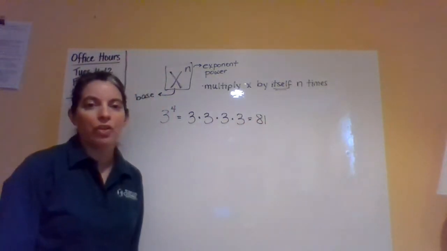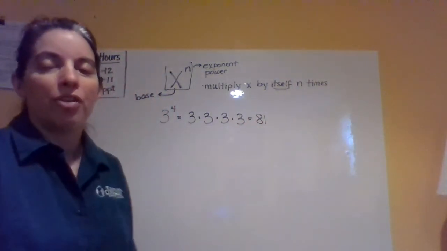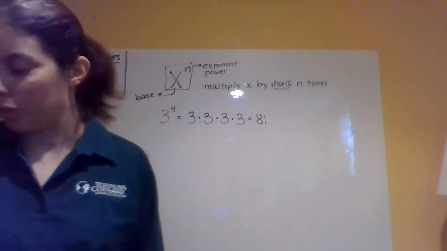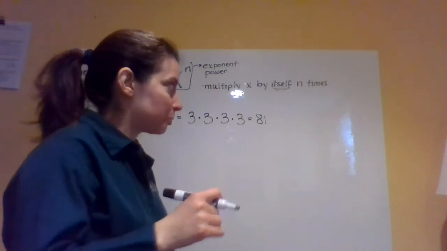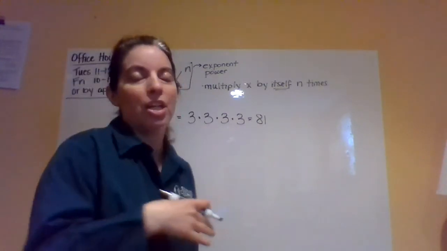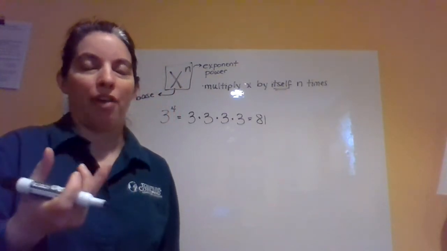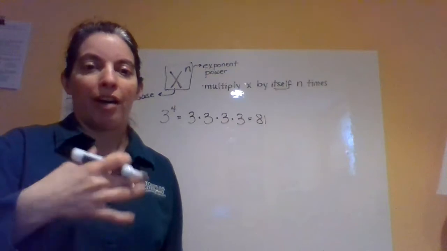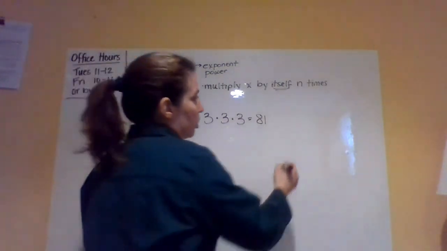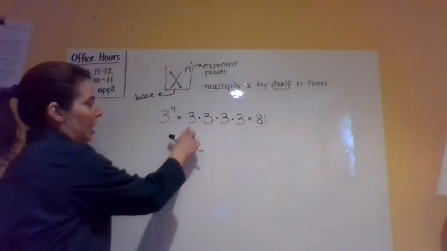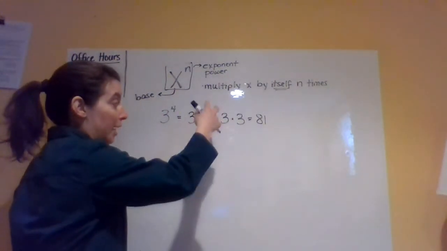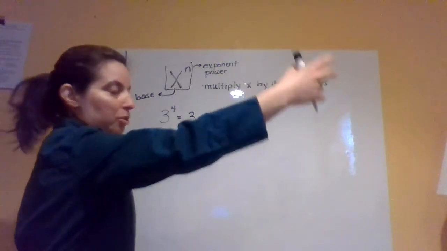Okay, and actually in the news right now, you may have heard talk about exponential growth and exponential graphs. So when you see the graphs of the projections of what could have happened with the coronavirus cases, and it goes up very fast, that's exponential growth, because you can see I have 3, and then 3 times 3 is 9, and then 9 times 3 is 27, 27 times 3 is 81.